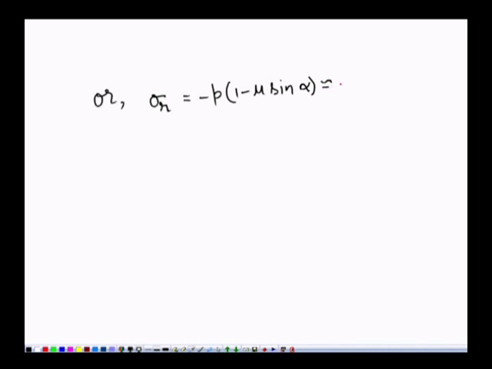This is equal to minus p, near about the pressure whatever we have applied, because this term is near about 1.